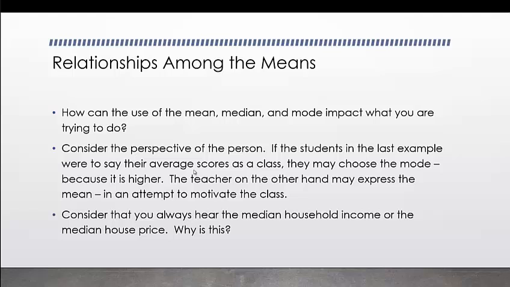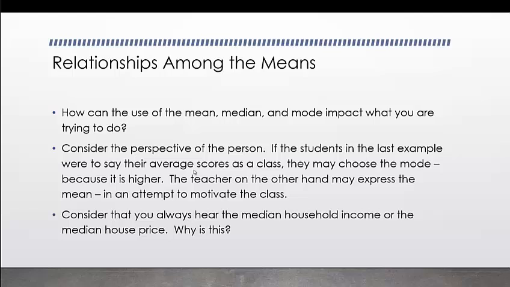Okay, and so that's one of the reasons that homes sold and household incomes are expressed in median and not mean, because those are typically skewed by high incomes or a few high houses sold that really skew the data.